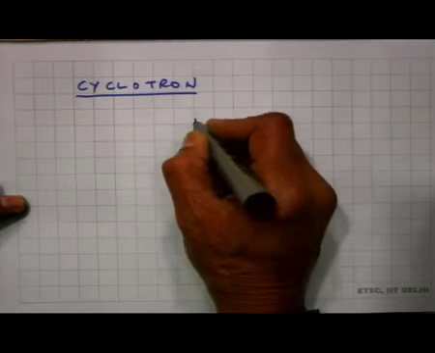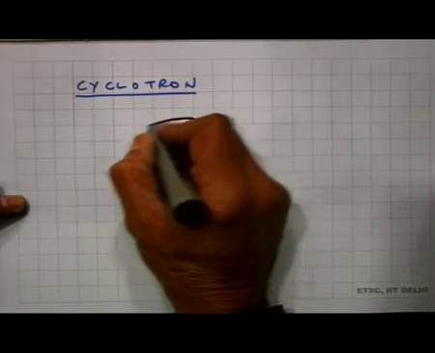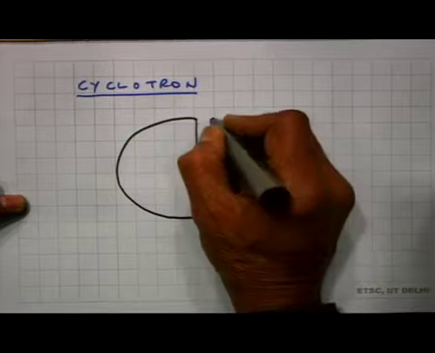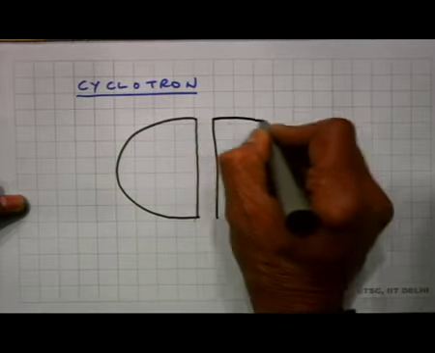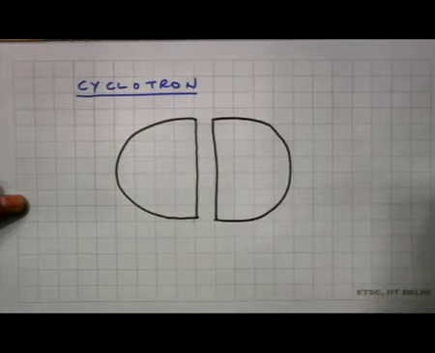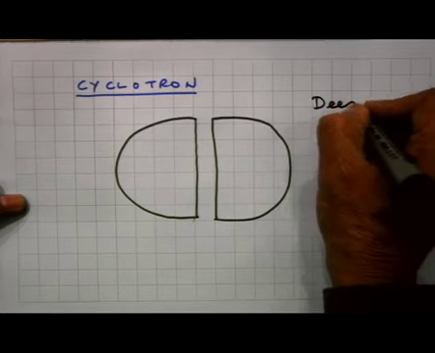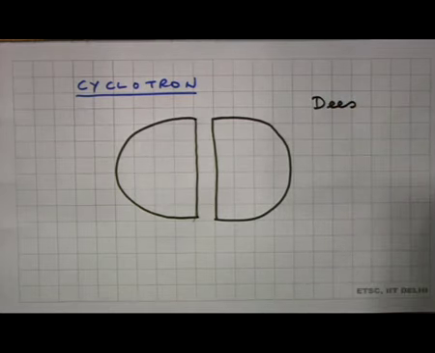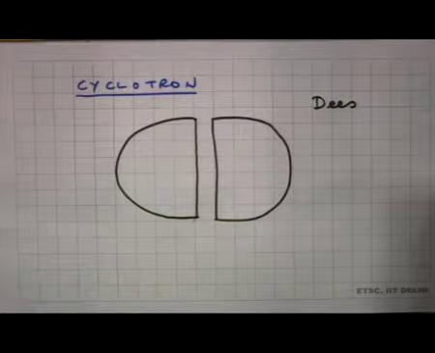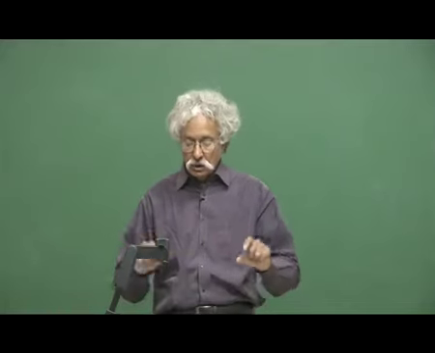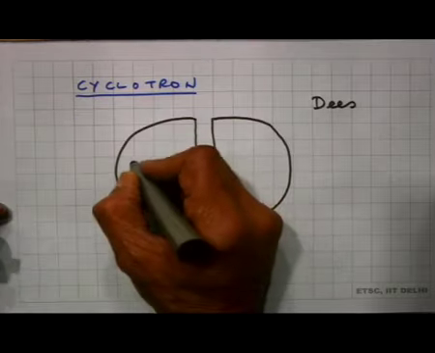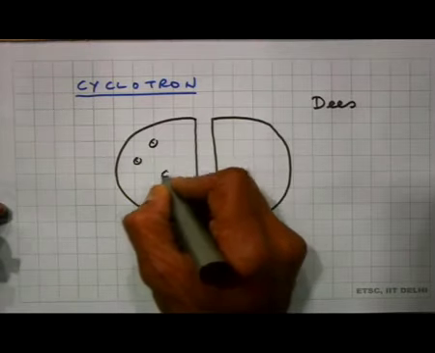So, there are two what are called Ds, which are made of copper. So they are thin cylindrical structures, and there is a magnetic field applied perpendicular to these plates.